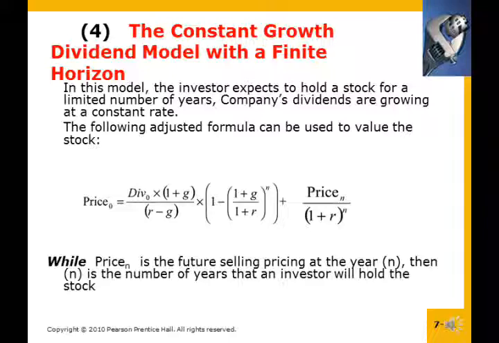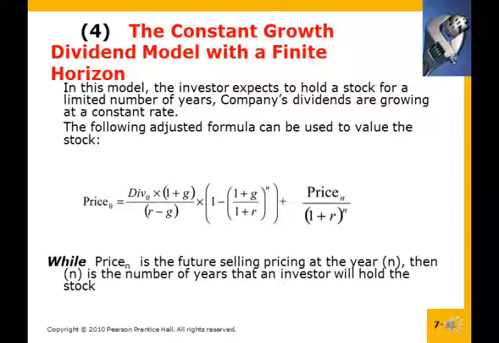So this part, the first part, is the same as the rule of the third model. Times, take care, it's times 1 minus, bracket 1 plus g divided by 1 plus r, all to the power n.